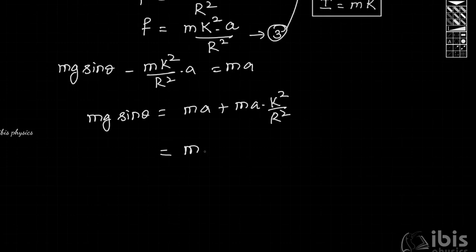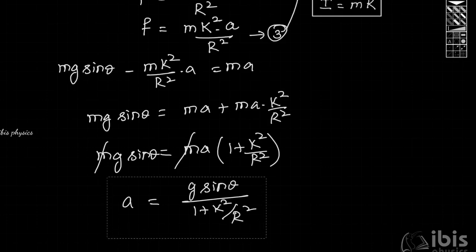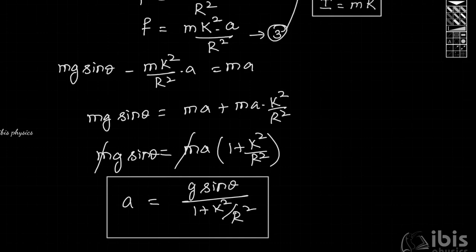Take ma out, so we get 1 plus k square by r square, into a, equal to mg sine theta. m and m will be cancelled, so a will be g sine theta by 1 plus k square by r square. So the acceleration of an object down an inclined plane will be g sine theta by 1 plus k square by r square.